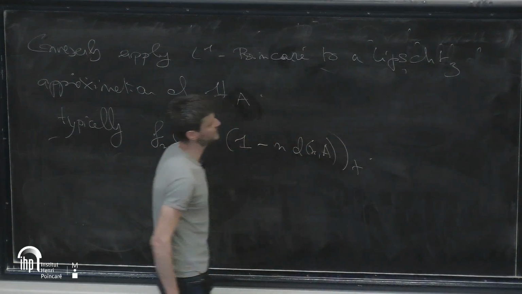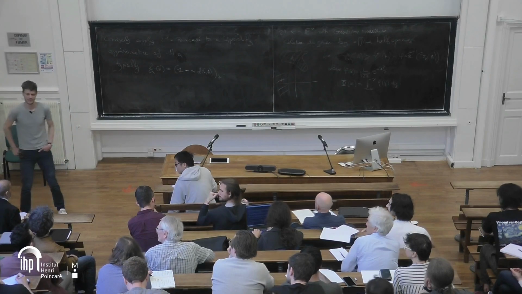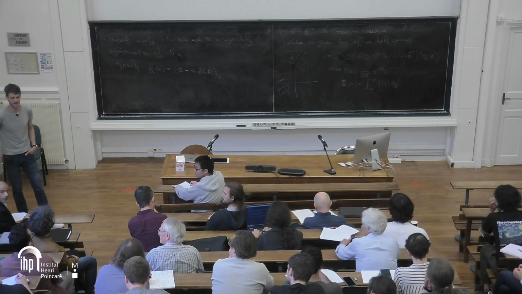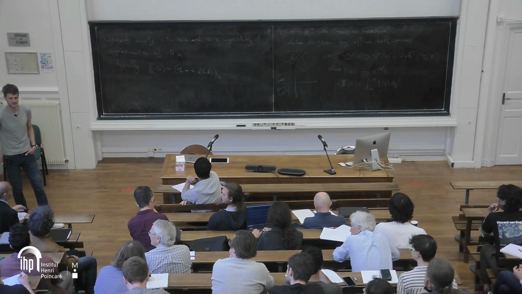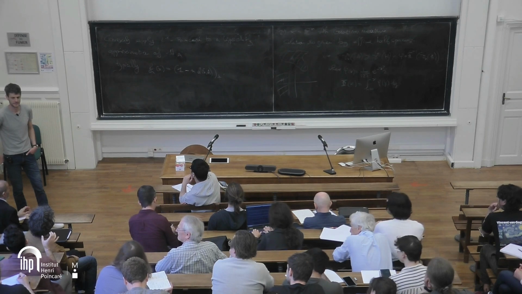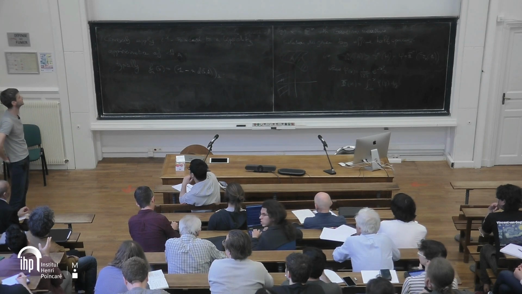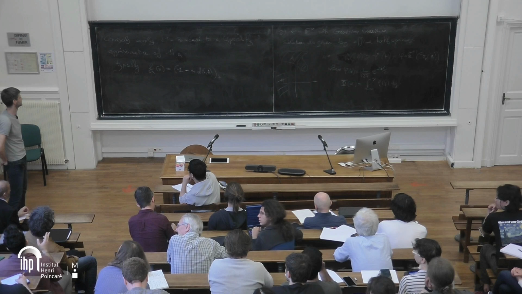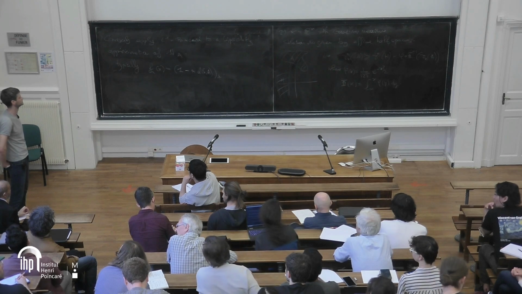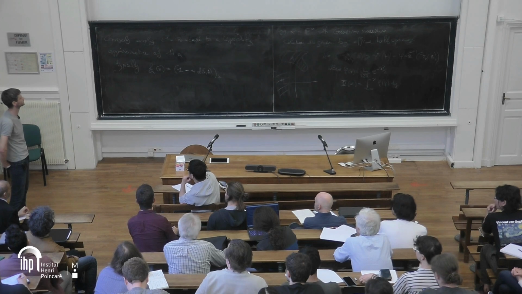For a set you have to be careful. If you're in a Euclidean setting, you need to work with sets of finite perimeter, but here you're defining the perimeter in a totally general way.